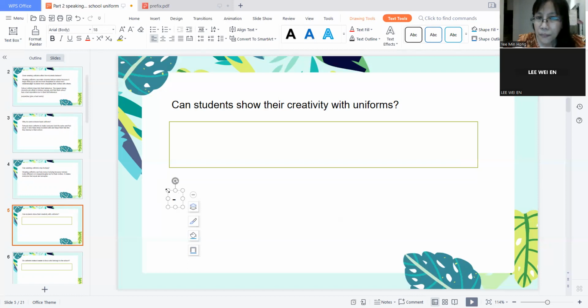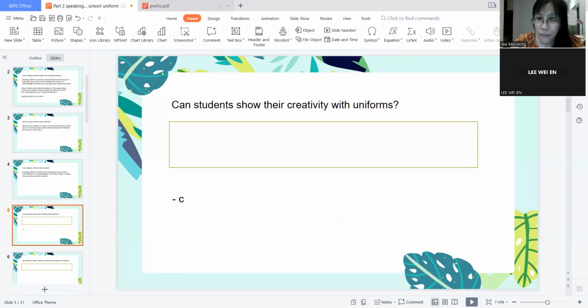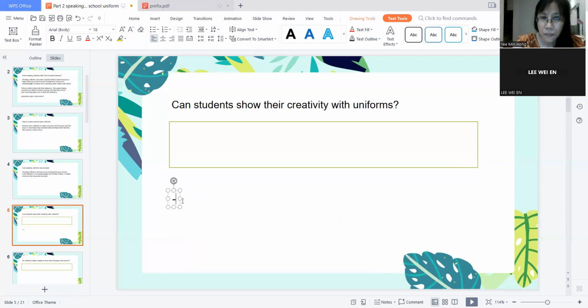Students can be creative in their studies, other than wearing some fancy clothes. They can share their creativity with their friends or teachers while wearing school uniforms. So for me, I think school uniform is not a major problem to block their creativity.